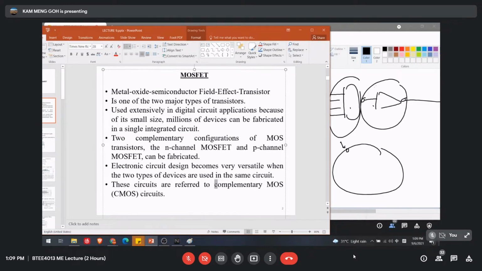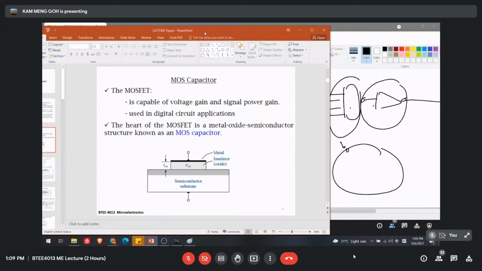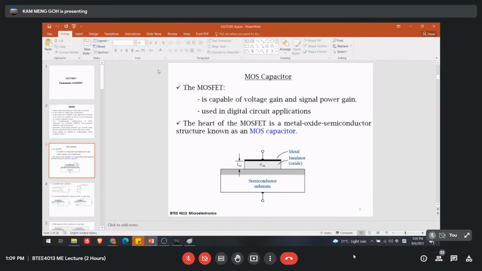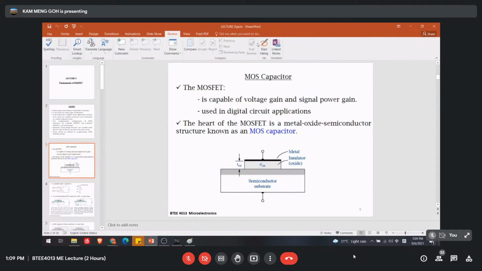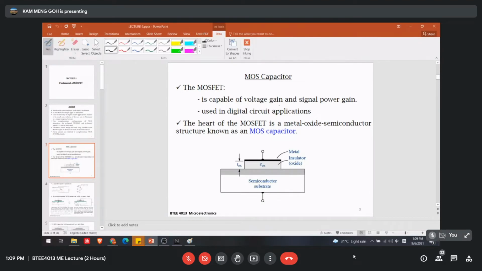Okay, let's go to the picture and see what will happen. This one is a MOSFET. It's capable of voltage gain. Whenever you have two plates together, you will have voltage gain and signal power gain. Just imagine this is the metal that I mentioned just now.